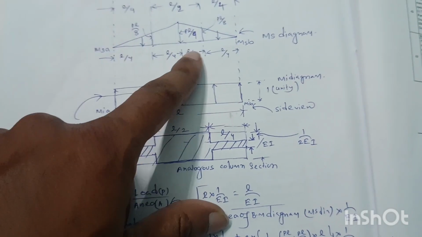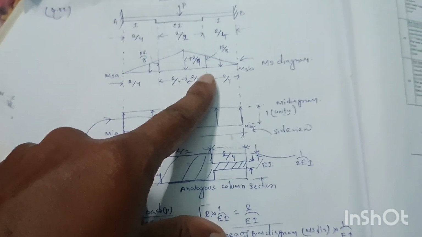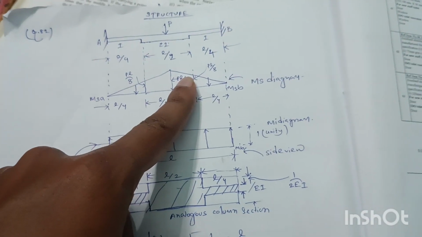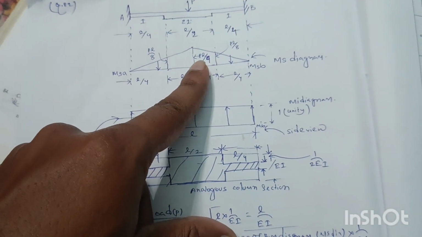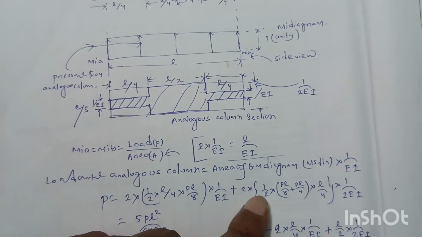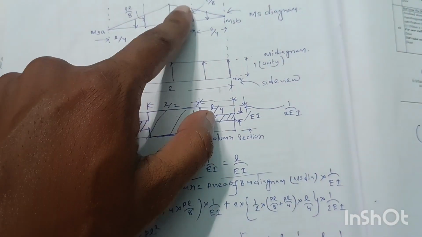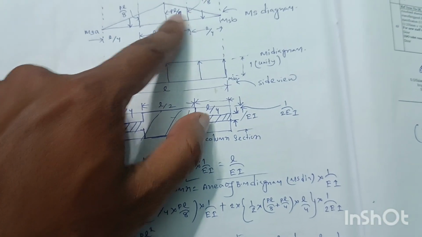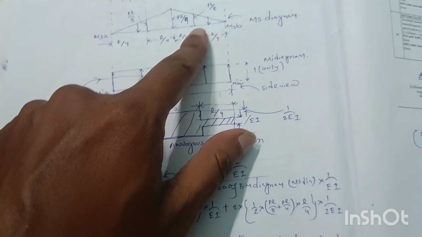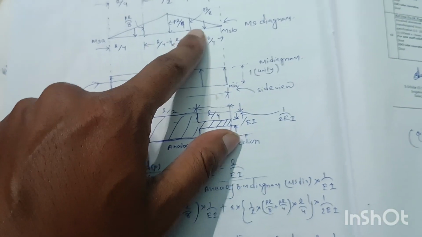The central part, L by 2, has two trapeziums, this one and this one. For these two parts the area of the bending moment diagram will be 2 into half into these two parts into this length into 1 by flexural rigidity, 1 by 2EI.